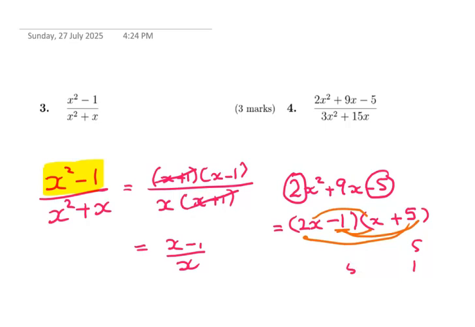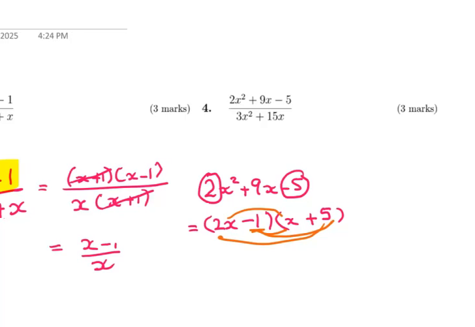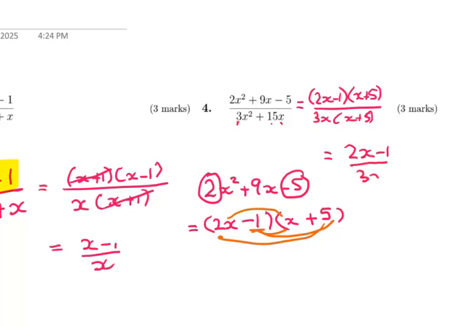So that's how we factorize the numerator. Let's have a look at the denominator. Well, we have 2x minus 1 times x plus 5 here, and in the denominator we have a common factor of 3x, so it's going to be 3x times x plus 5. So this one simplifies to 2x minus 1 over 3x.